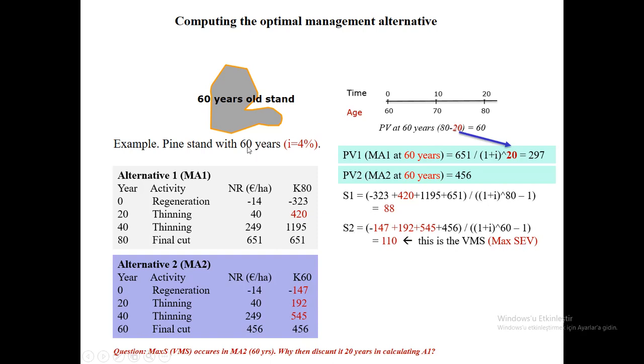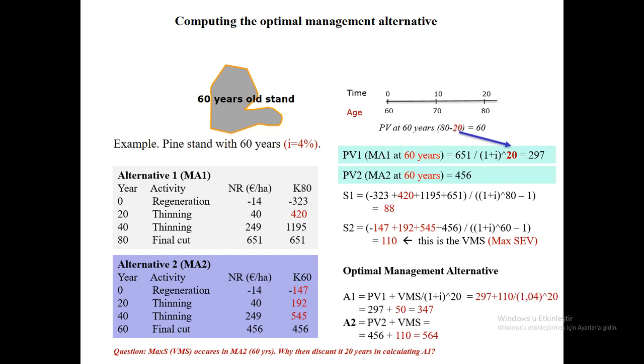Then, since the stand is at the age of 60, we know that the present value at the age of 60 for option 1 is 297, and for the second option it is 456. We have to sum the maximum value. So for alternative 1, present value plus the maximum value, we have to discount the maximum value 20 years back in order to be equal to the 60 years.